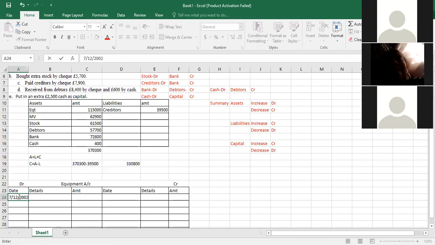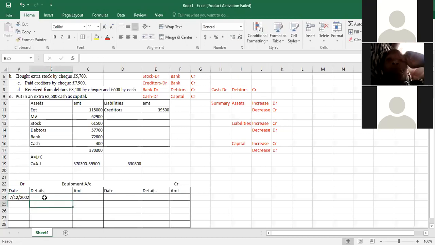So I have equipment, and someone will ask me how I will put equipment in the equipment account. Because this is the equipment account, I don't expect to see any other equipment in this ledger other than what is at the top. So what we have is a balance that is being brought downward, and the balance is 115,000. This doesn't look like money.